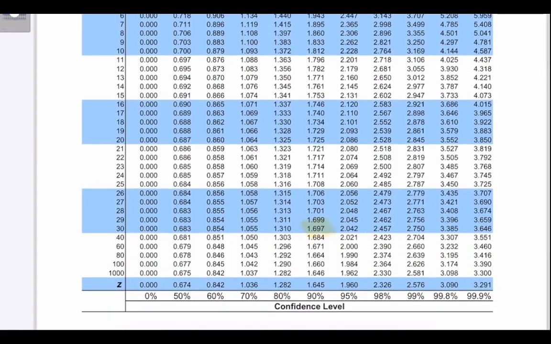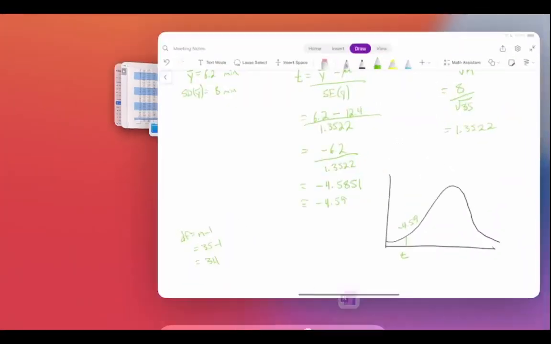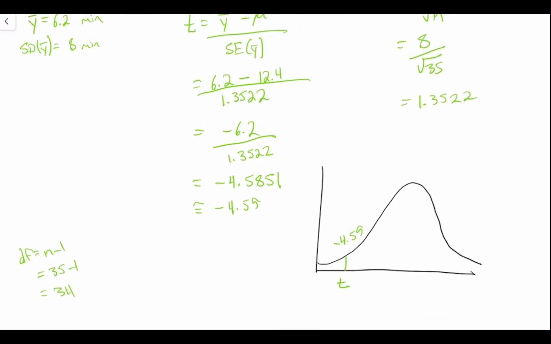So our critical t value is 1.697. Now, importantly, it's symmetrical, so this could be negative 1.697. And this is our value for t star.